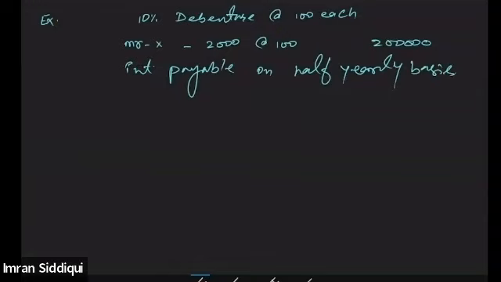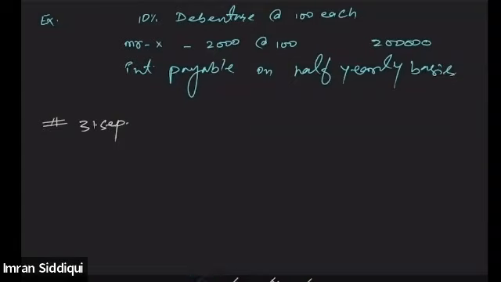Understood. This is the question. Now we need to pass the entry for the payment of interest. When the due date of the payment arrives, let's suppose the first due date is 31st of September of a particular year. On the due date of interest, the entry will be required.